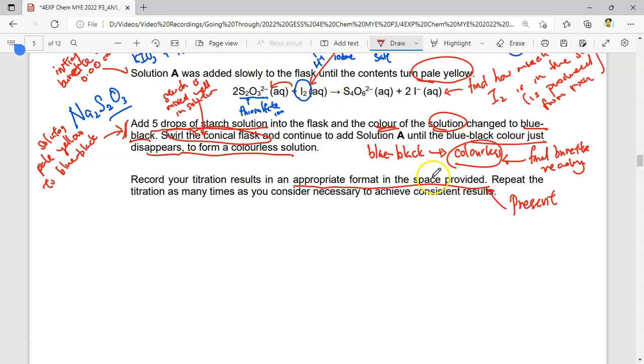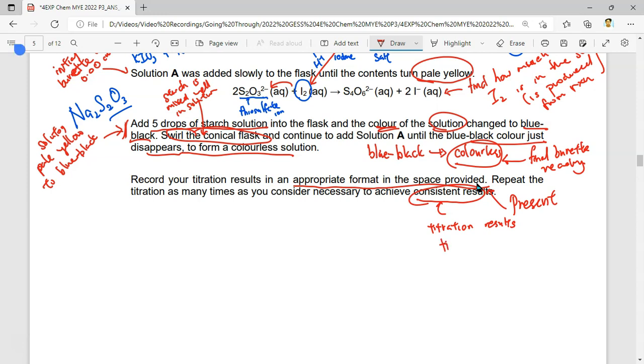Next, they say also repeat the titration as many times as you consider necessary to achieve consistent results. When we're looking at consistent results, we're looking at your titration results, the burette readings, the volume added, your titer.